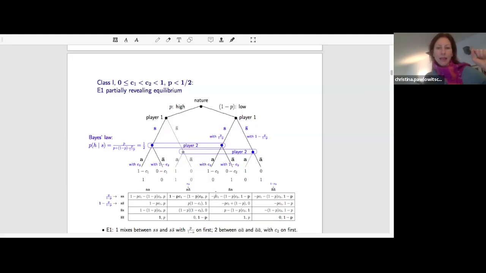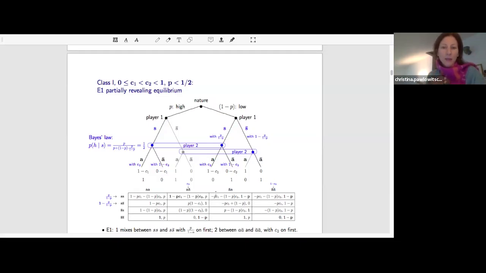In our works, we go through a number of case studies where we look at paradigmatic constellations of this prior probability and the cost factors, and we play it through all various combinations.